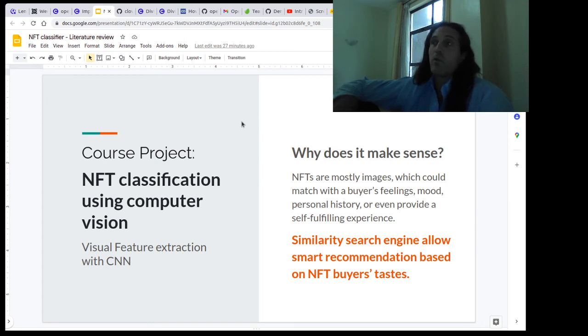I'm assuming people don't buy NFTs only for speculation on value. So we consider that a similarity search engine, which could be enabled by a powerful NFT classification model, would allow smart recommendation based on an NFT buyer's taste, and this could significantly help grow NFT market sales.